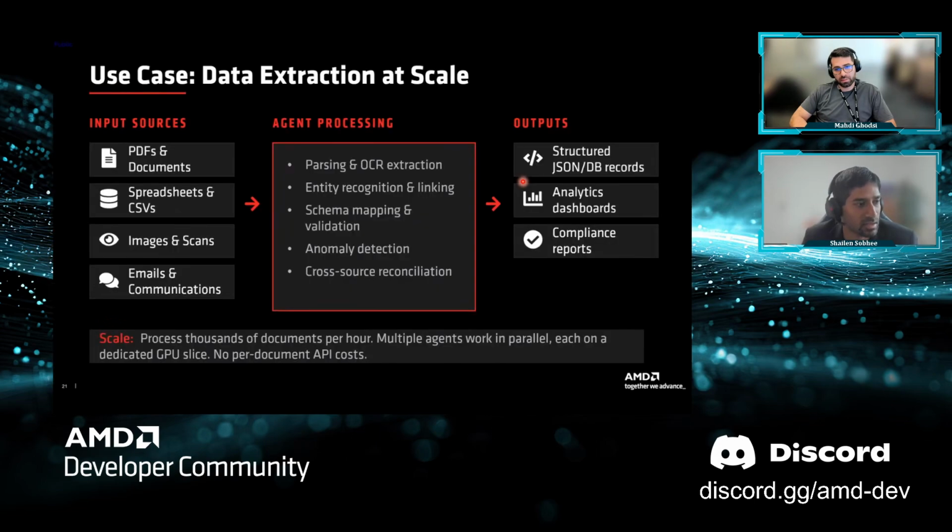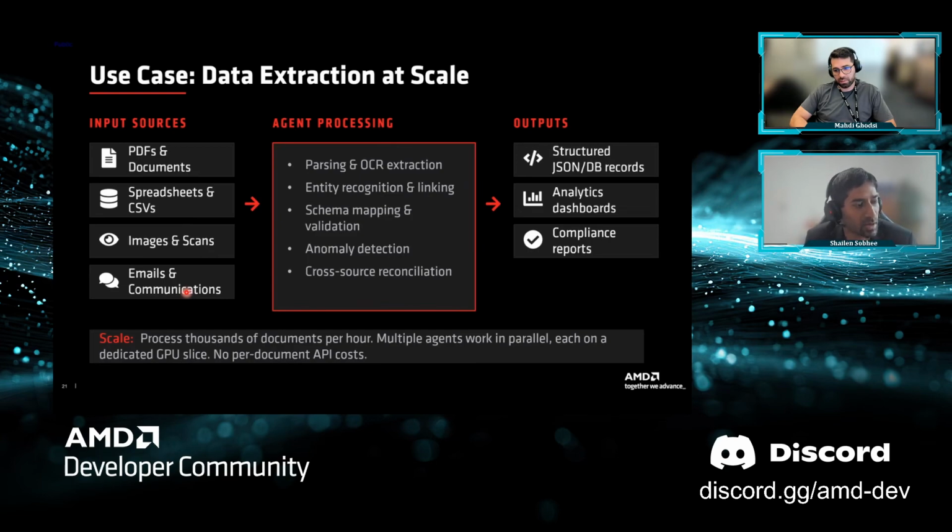I prepared one use case of agentic AI. For example, you could have multiple sources of data being fed into a system. You can have PDFs, documents, lots of spreadsheets and CSVs, maybe images and scanned documents, emails and communications, various types of input documents and data.